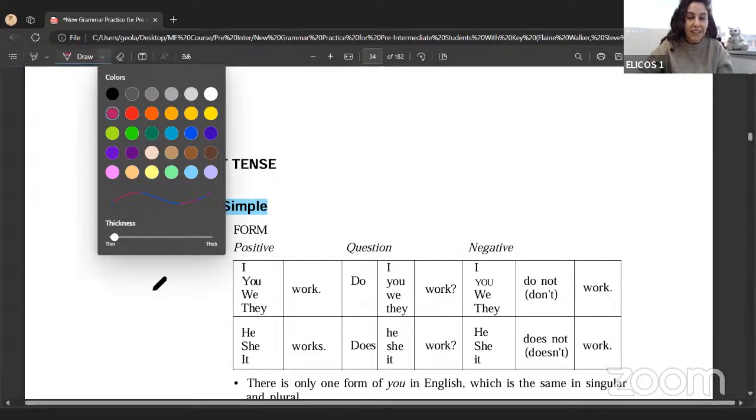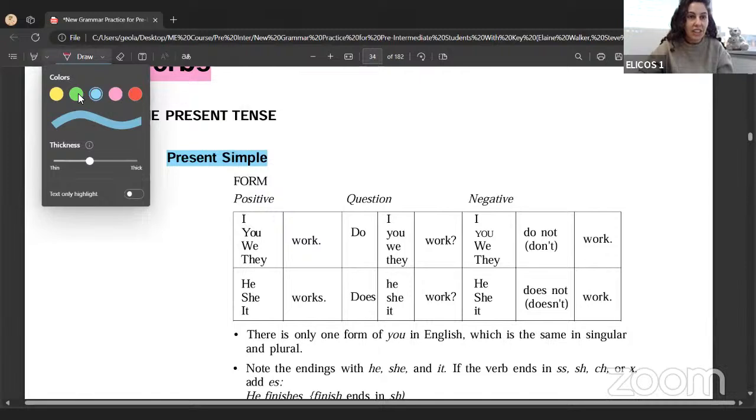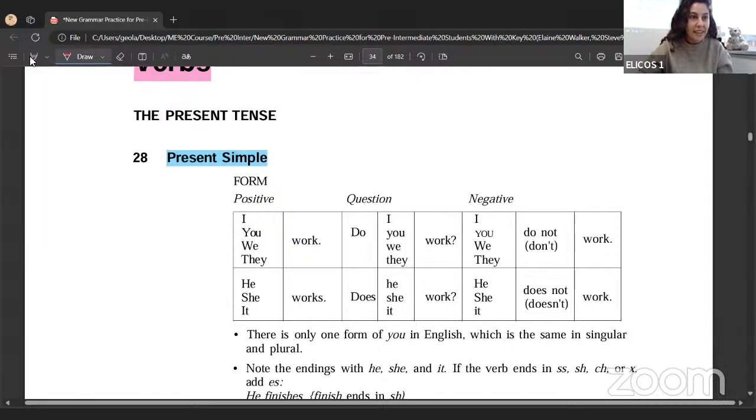Well, we have our subjects. Remember, I, you, he, she, it, we, they. This is what we call our subject. Who is doing the action? Or you could start the sentence by saying my mum or my sister or my husband.